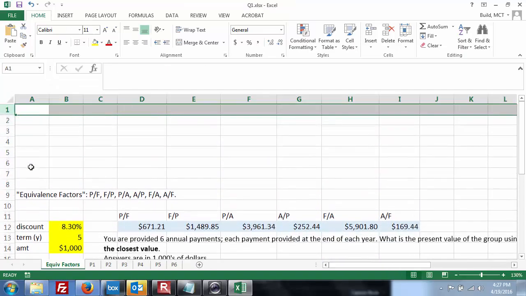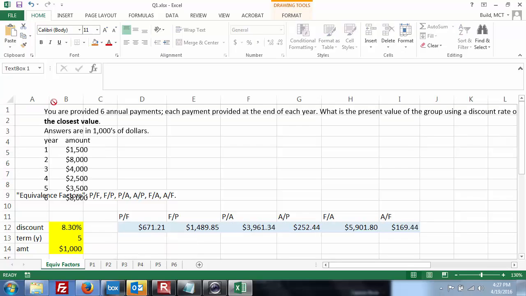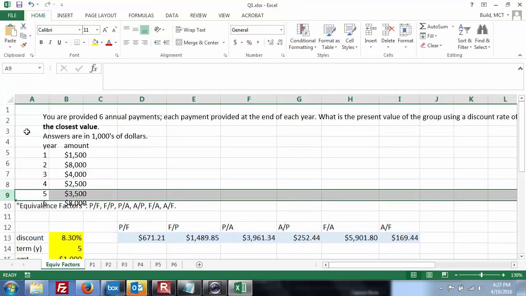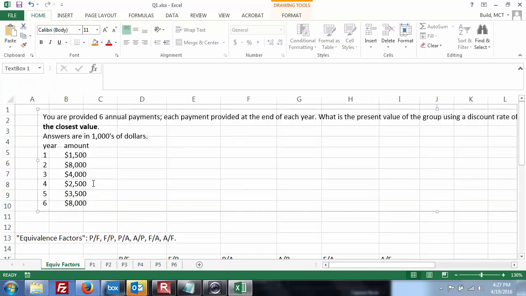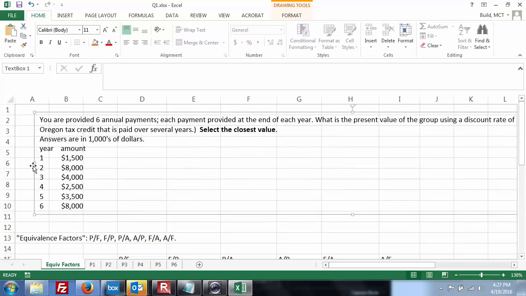Take this, drag it up here. Okay, 6 annual payments. This is a little smaller. Might have to shrink it.